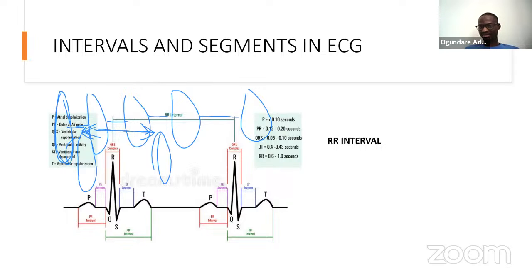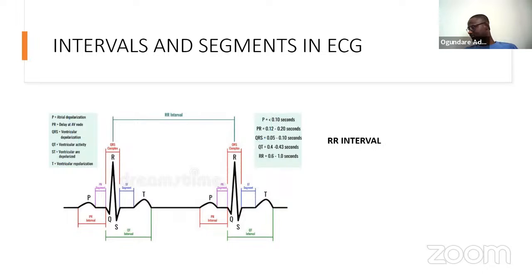Okay, so let me see the assignment I gave people. I think it's only Olubumi that's here with me tonight. Okay, well done, Olubumi. She said ST segment is the isoelectric line from the end of ventricular depolarization to the onset of ventricular repolarization.